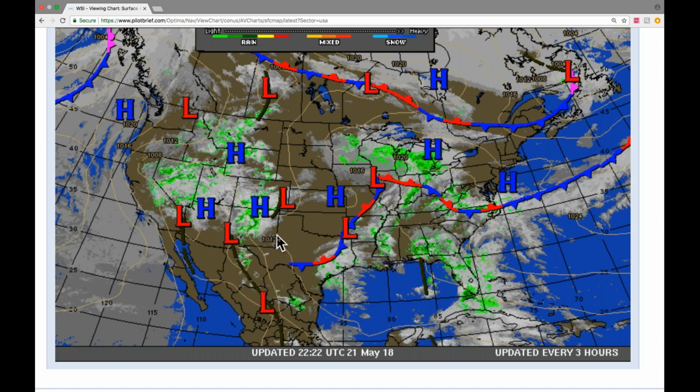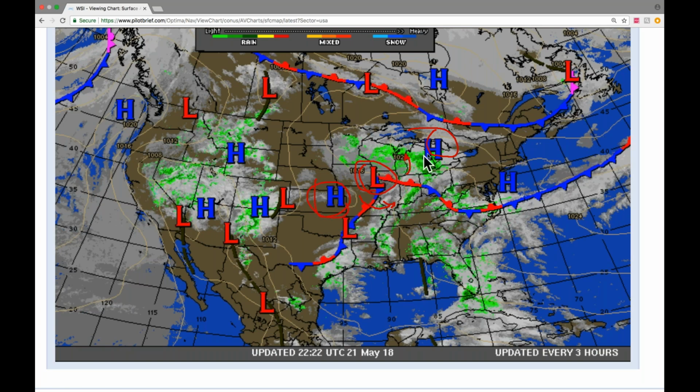But then right here is kind of what we're seeing here. Once again, this is rotating counterclockwise, right? And it's kind of sandwiched between these two high pressures.